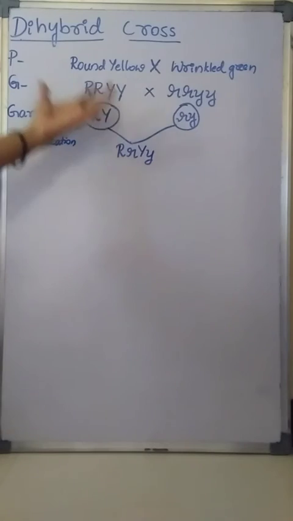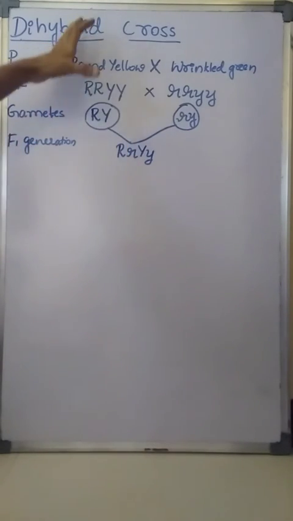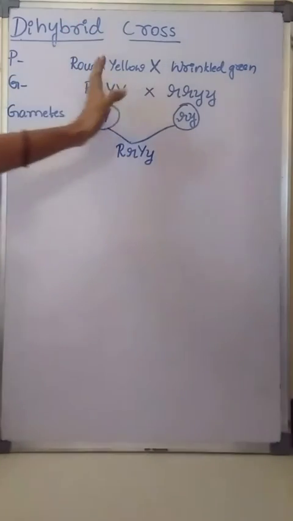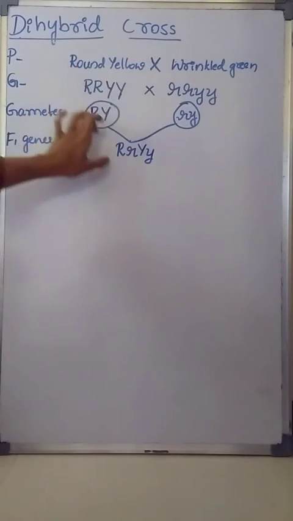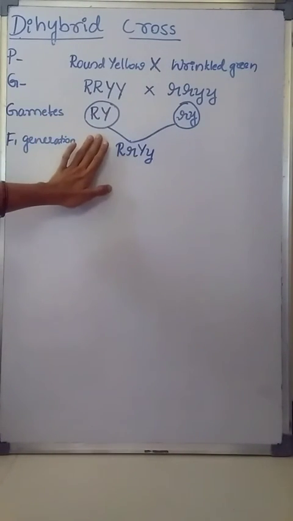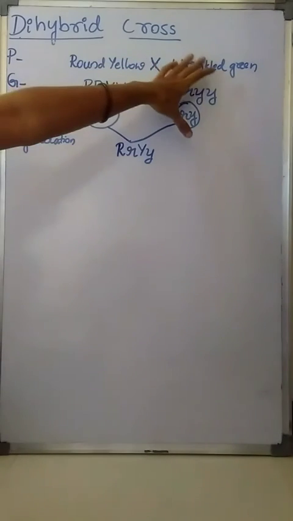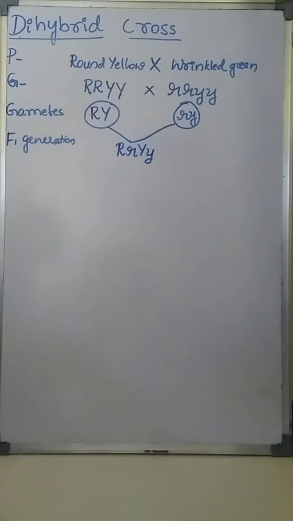Here we have to select male gametes from one plant and female gametes from the other. For example, from this plant we have selected male gametes, means pollen grains, and from this recessive plant we have selected female gametes, that is the egg.